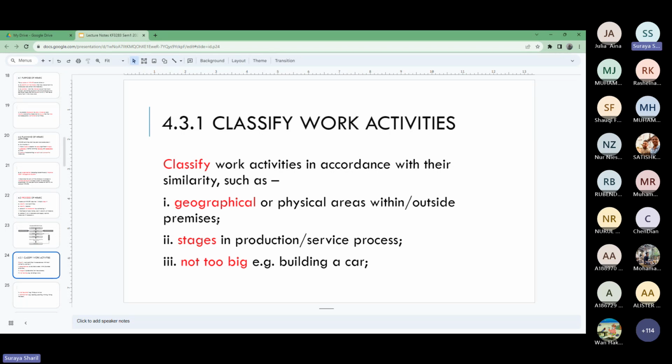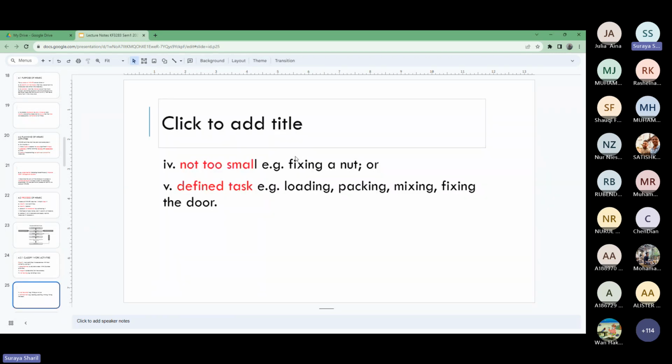So we need to classify it. It is not possible to look into each detail. For example, if it is too small, even fixing a nut.